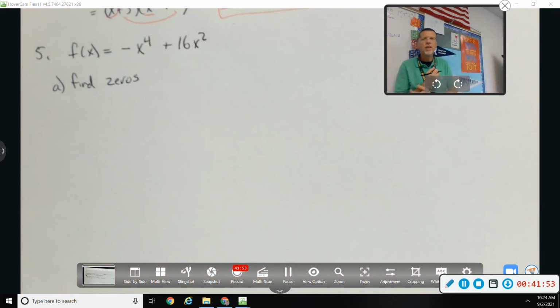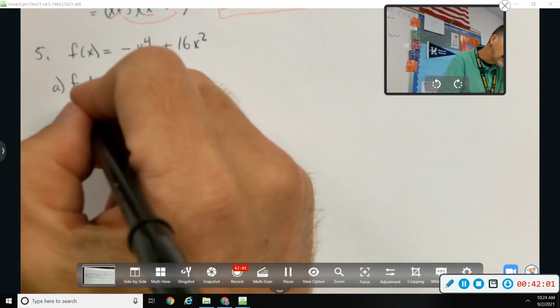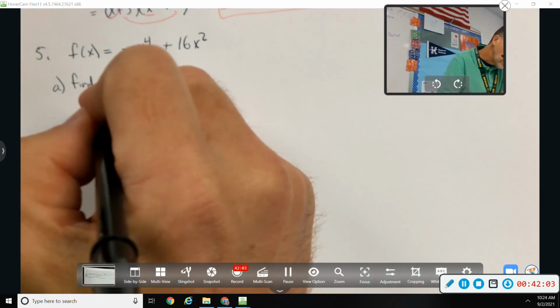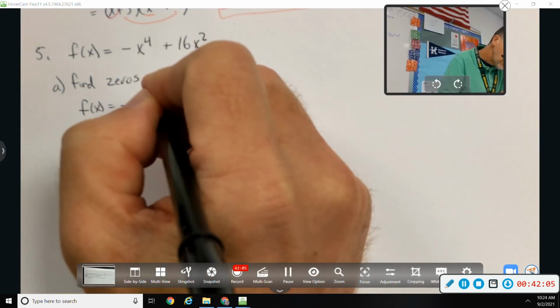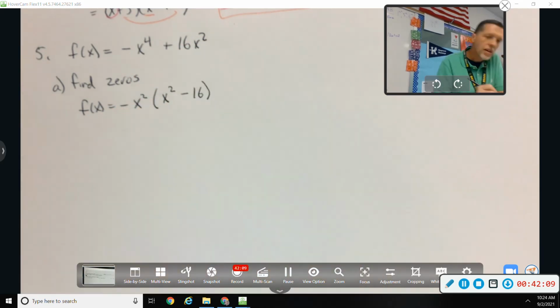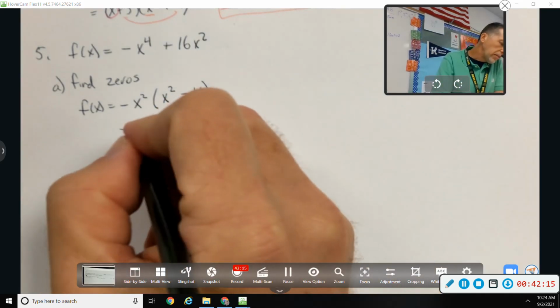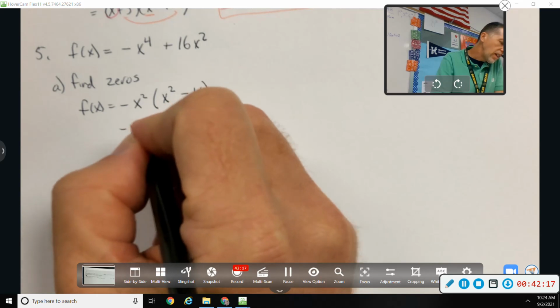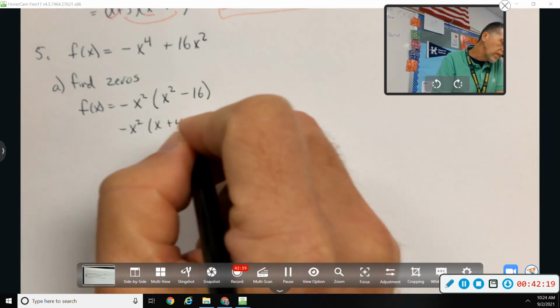I'm okay pulling out an x squared, but it might be better if we pulled out a negative x squared, just to make life a little easier down the road. Well, let's factor. We're less likely to miss the plus or minus thing.